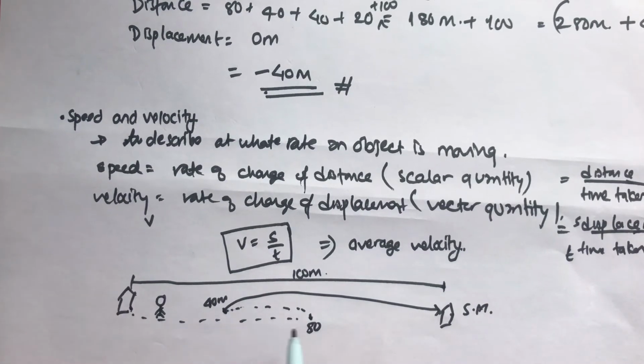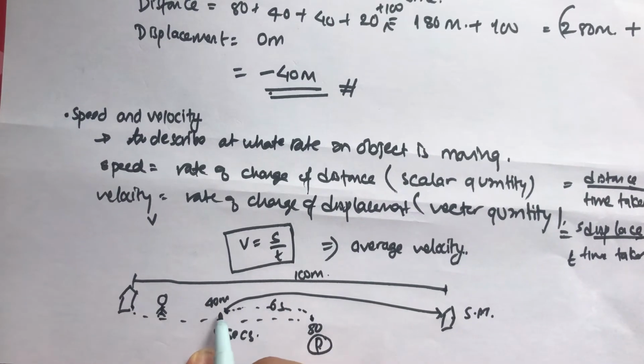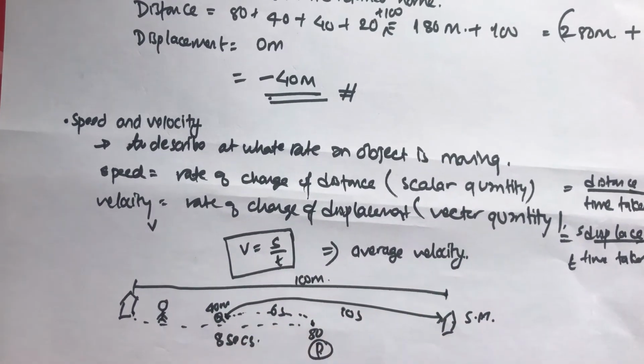Let's say he took 8 seconds to reach point P, and let's say he took maybe 6 seconds to reach point Q, and then let's say he took maybe 10 seconds to reach the shopping mall.